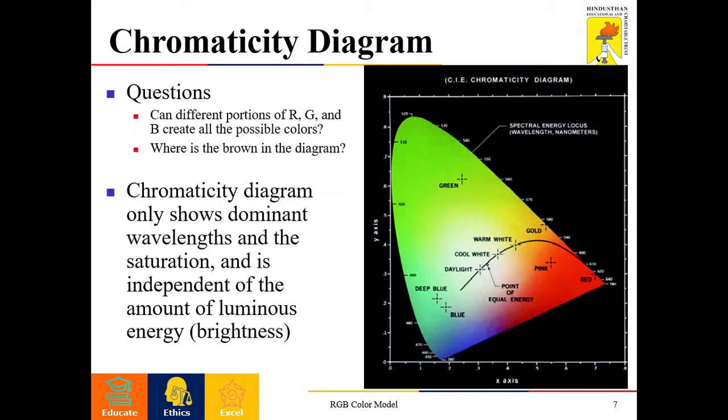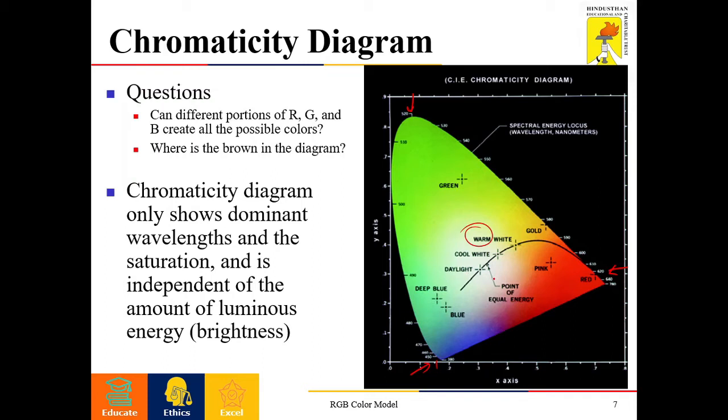Now, this tongue-shaped image is called the chromaticity diagram. It has different color shades, but on the edges we have the three primary colors: green, blue, and red. The combination of these three colors produces white, and we have different shades. But is it possible to get all the color shades from these three primary colors?